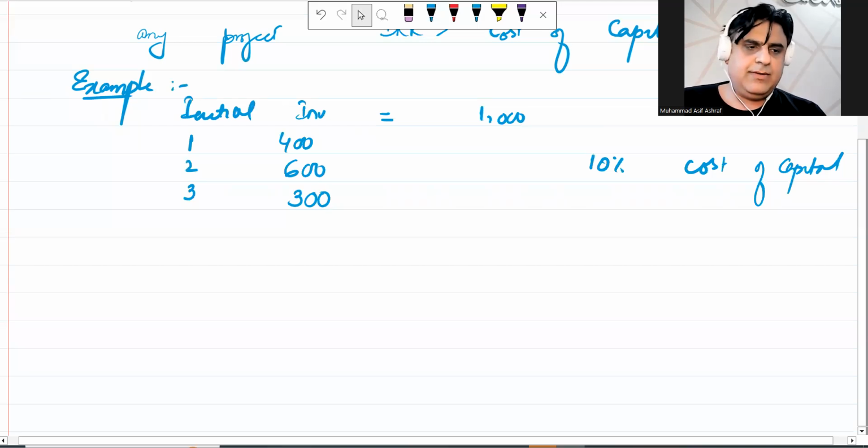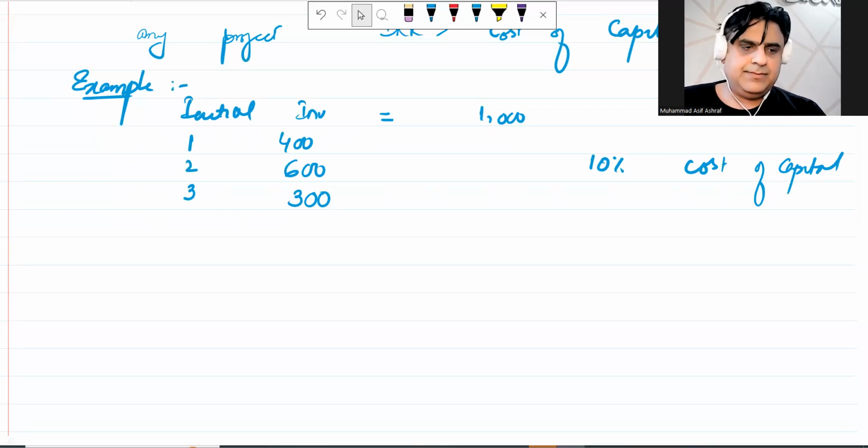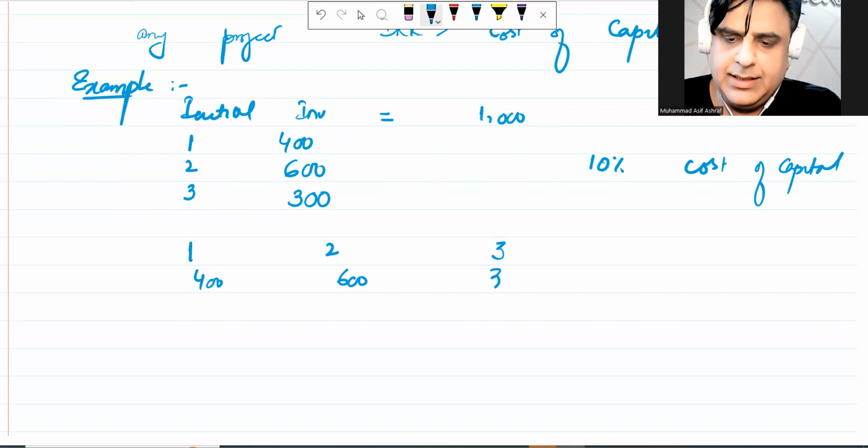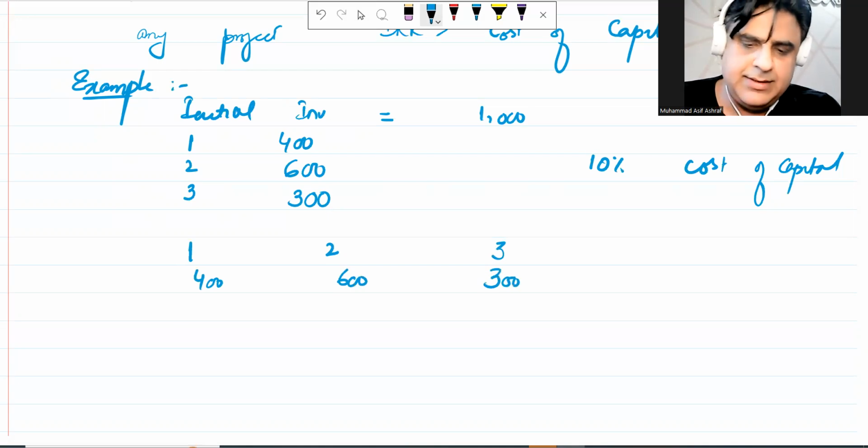So we are going to find out the IRR. You know about it, we will use a hit and trial basis.